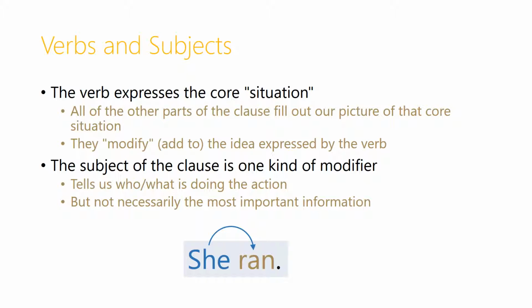That's the basic idea, the core of the clause. Running. And then if we want to know more about that action of running, we say that it's she who is doing the running. So she, the subject, is a modifier of the verb ran because it's telling us who it is that did the running.